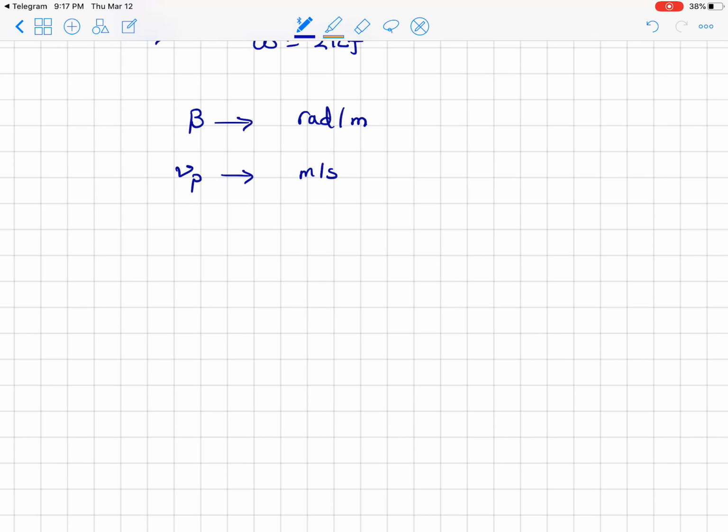So in general, we have the following form: A naught is the magnitude of the wave, cosine of omega t minus beta z.